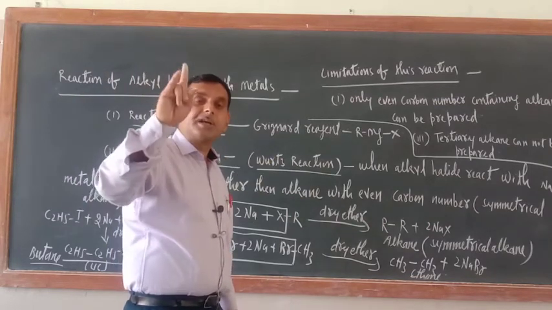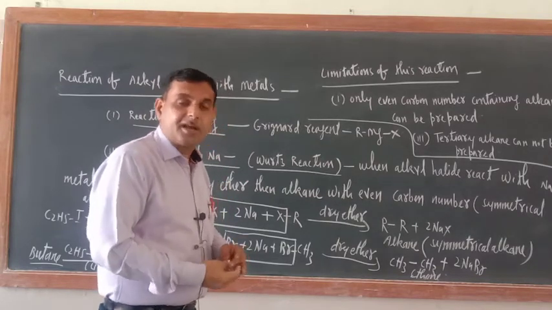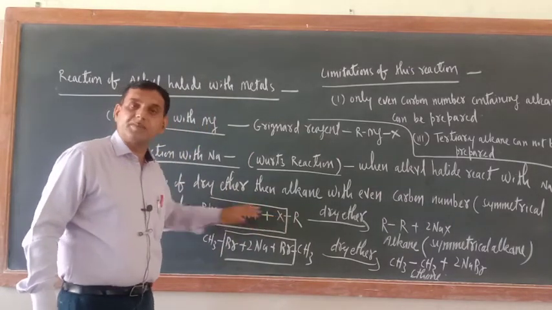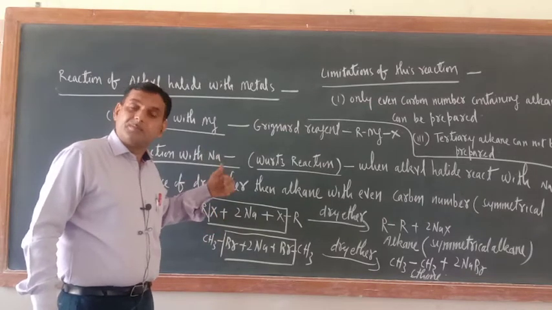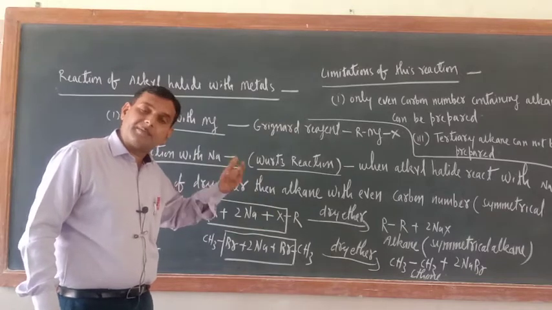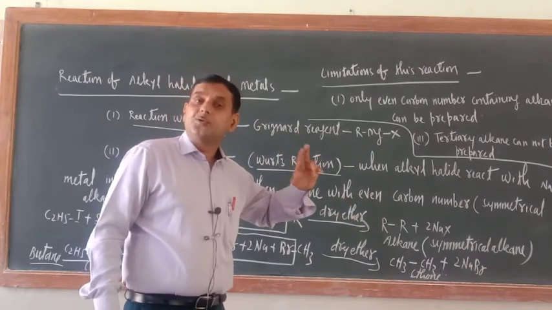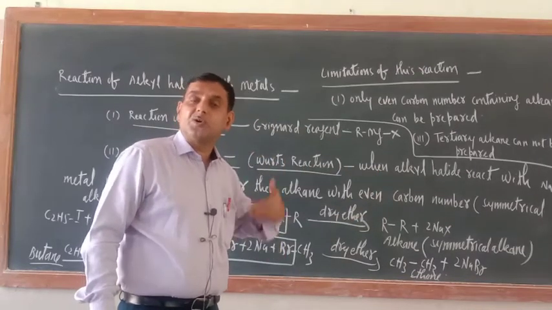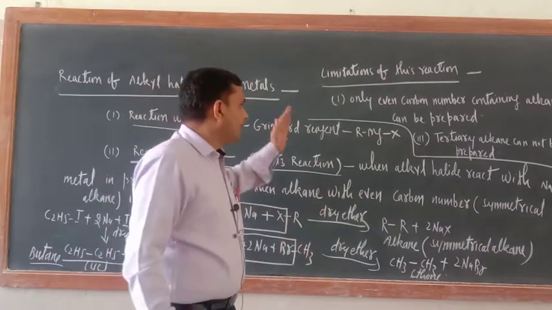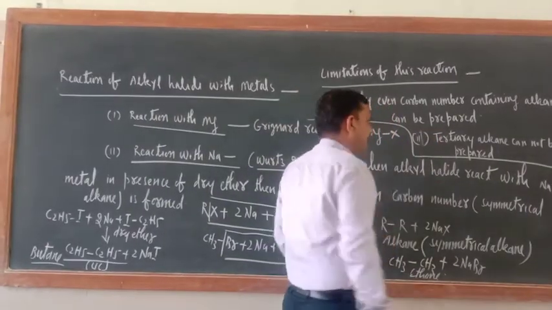So instead of getting an individual alkane, you will get a mixture if you take different alkyl halides. Odd number alkane can be prepared, that is no issue, but in addition you will get the other two alkanes also, and all have close boiling points. I will explain one by one. That is the first limitation.